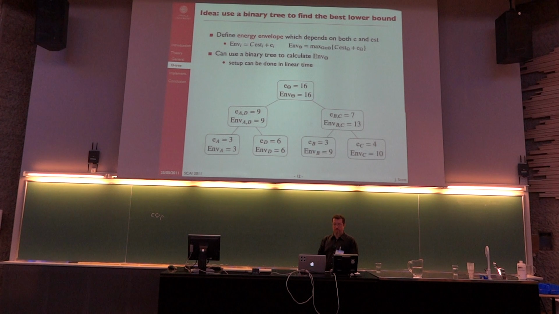We use energy envelope because we can quickly compute it using the binary tree. So the energy envelope for an interior node is the maximum of either the energy envelope of its right child or the energy envelope of its left child plus the energy of its right child.